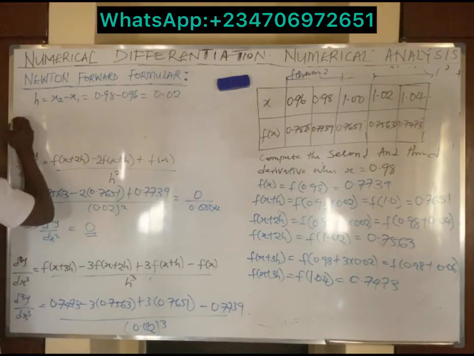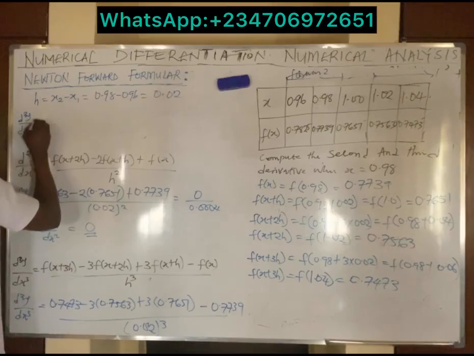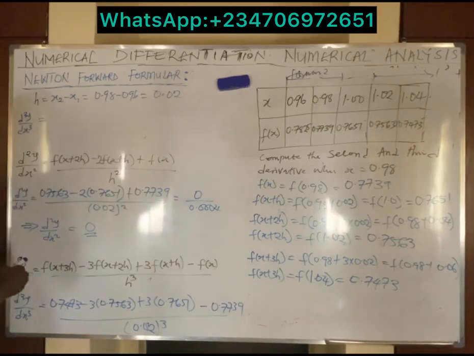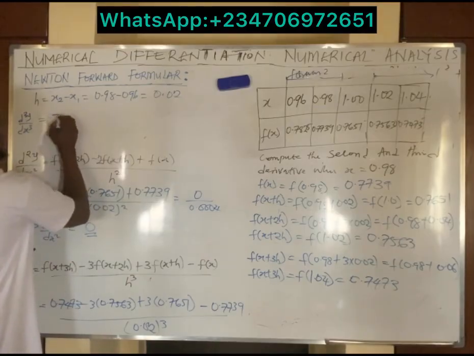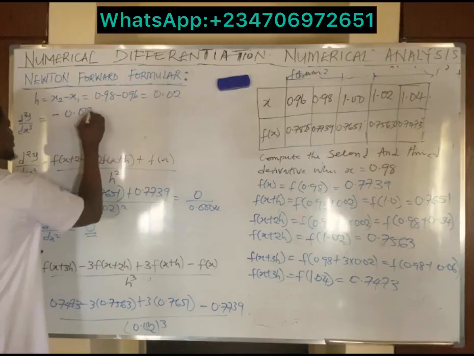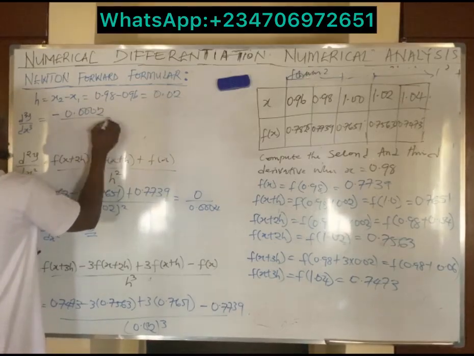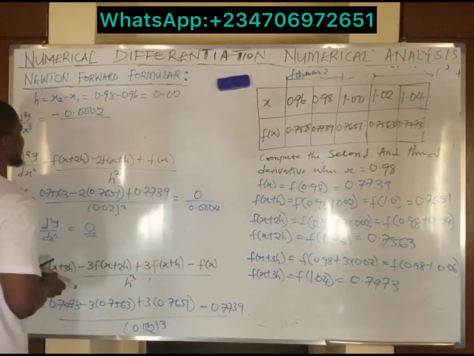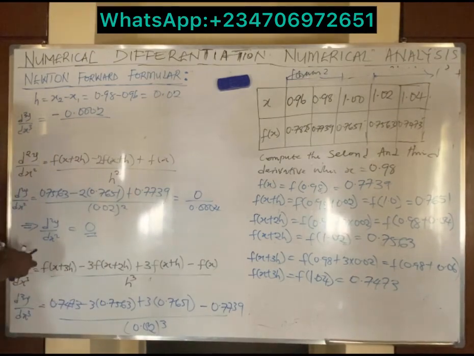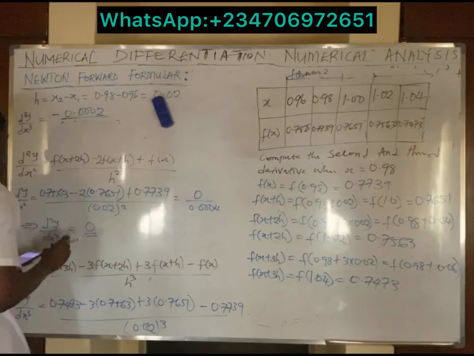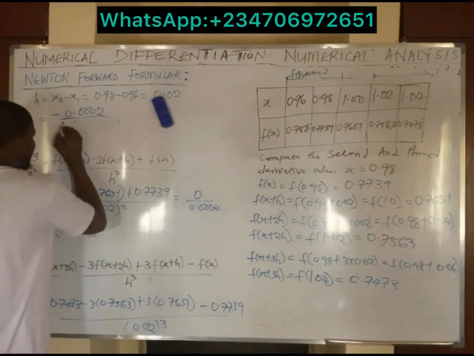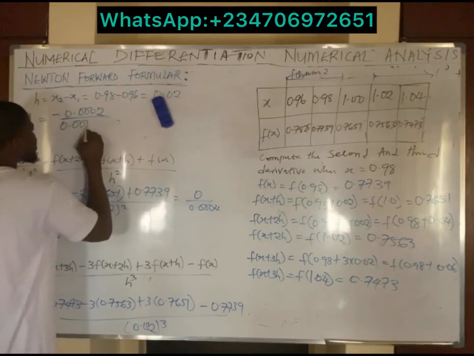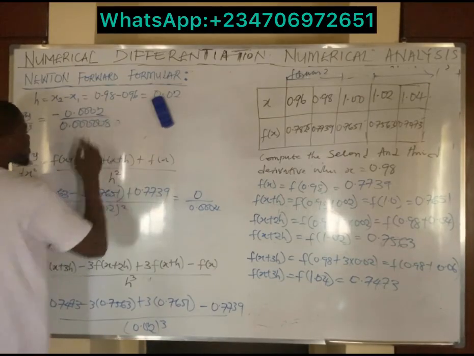Okay, so d cubed y over dx cubed is now going to be, so everything at the numerator simply gives us negative 0.0002, divided by 0.02 to the power of 3. So 0.02 to the power of 3 simply gives us 0.000008.